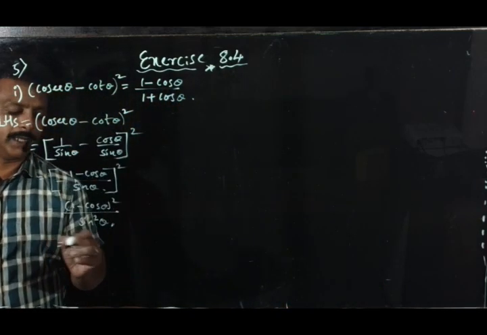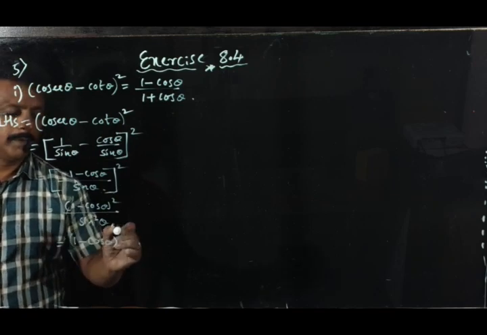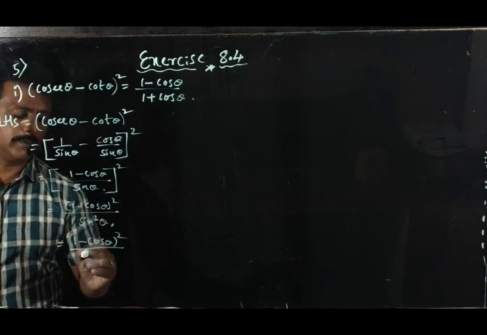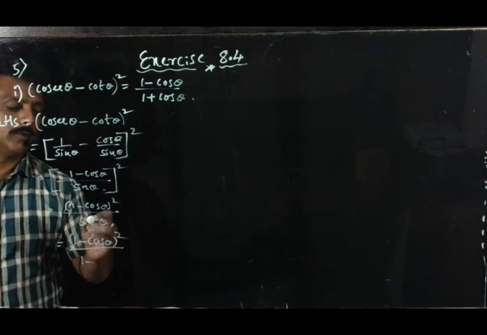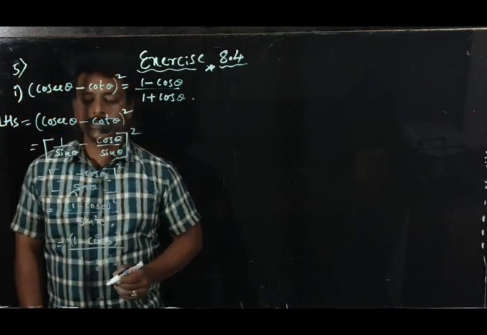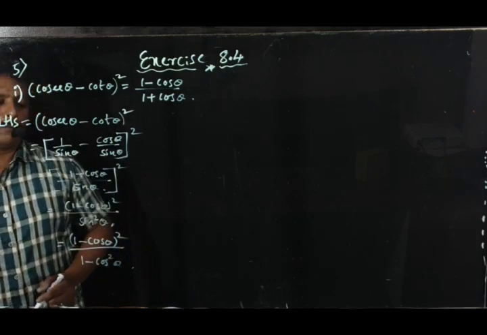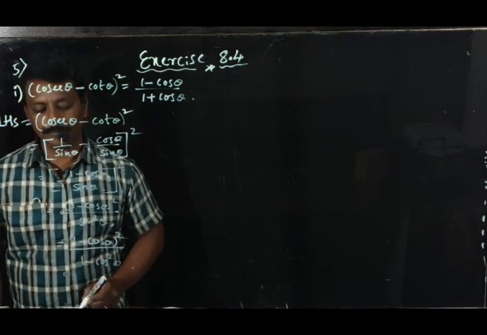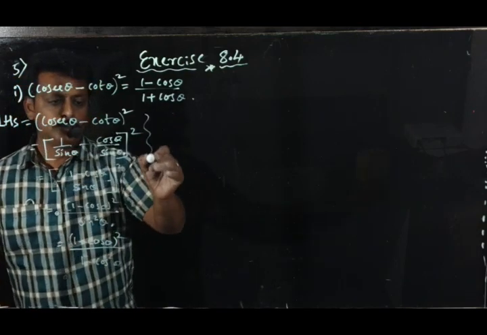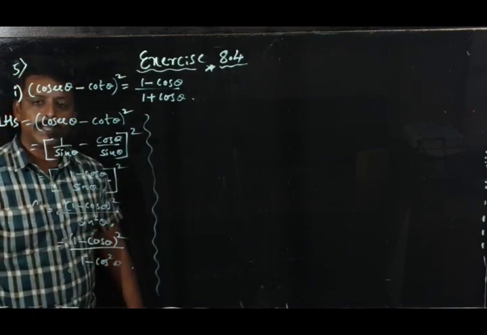Therefore I am writing 1 minus cos theta bracket square divided by 1 minus cos square theta. This is in the form of a square minus b square, so a square minus b square can be written as a plus b into a minus b.